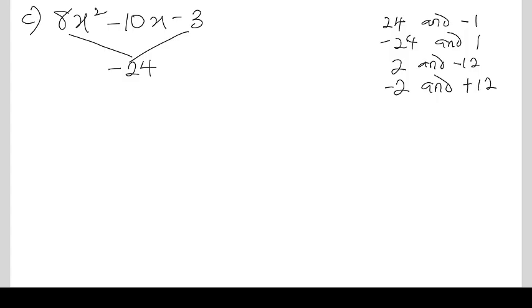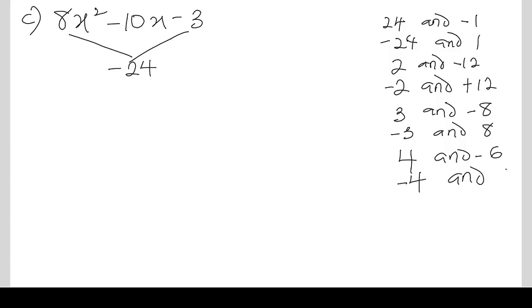So we can look into other ones, which is 3. Say 3 and minus 8 will give us minus 24, and minus 3 and 8 will also give us minus 24. And lastly, 4 and 6 can also do that. Say 4 and minus 6, and at the same time we say minus 4 and 6.